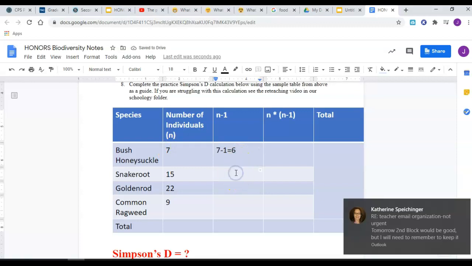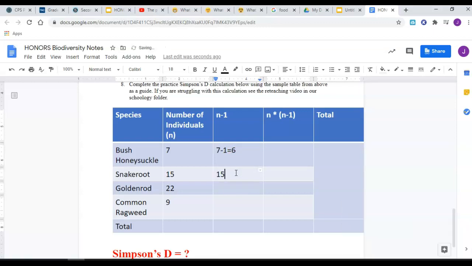Now you don't have to type in that minus 1 every time. I'm just doing that to hopefully help you see what I'm doing in my head. So 15 minus 1 equals 14. 22 minus 1 equals 21. 9 minus 1 equals 8.